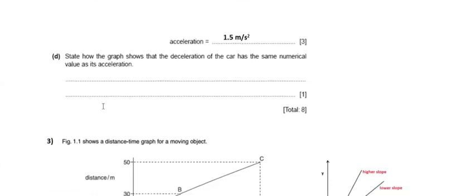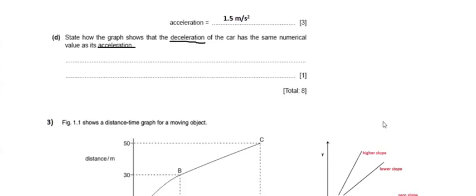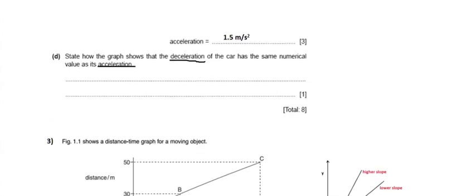Now the part D of the question is state how the graph shows that deceleration of the car has the same numerical value as the acceleration. So whether we calculate the deceleration or the acceleration, deceleration is nothing but negative acceleration, that is to be calculated with the slope only.